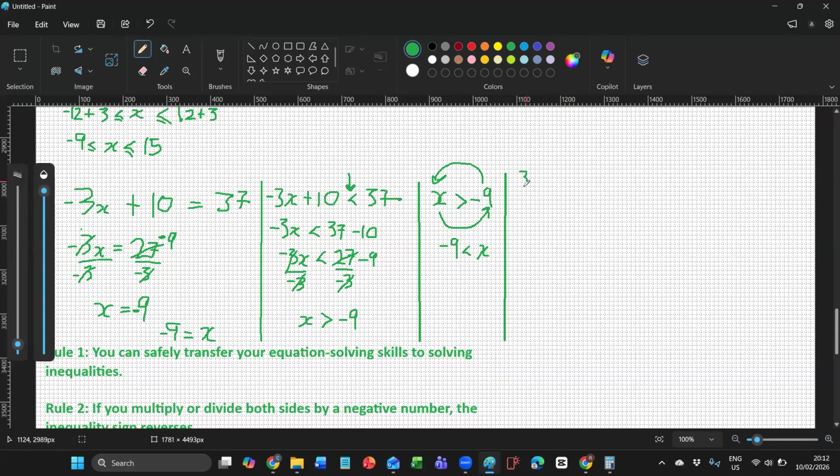Okay. So, sometimes you see equations like this. Have you seen equations like this before?